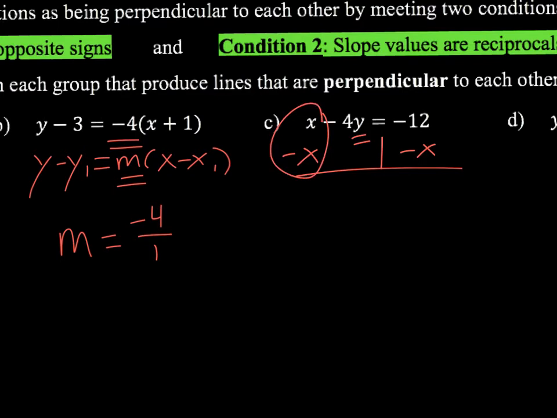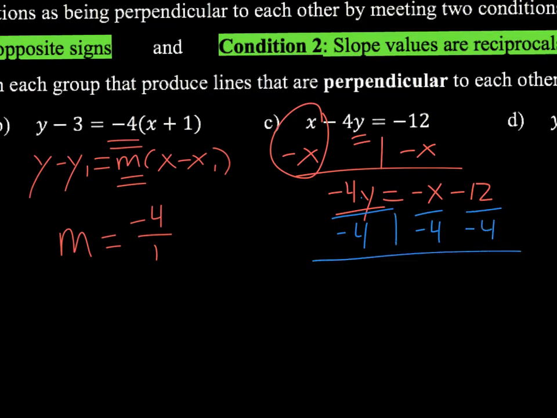That gives me a 0 pair. Now I have negative 4y is equal to negative x minus 12. And then lastly, to get y by itself, I'm going to undo the multiplication by dividing all terms by negative 4. That will keep my equation equivalent to the original.